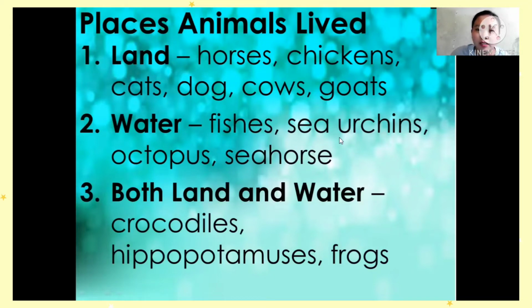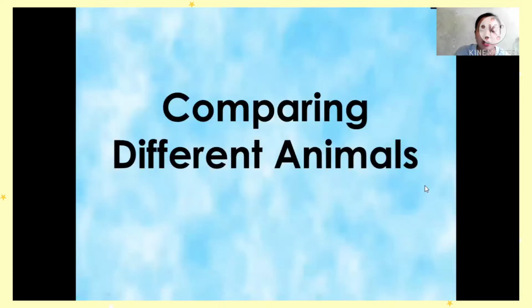What about in the water? We have the fishes, the sea urchins, the octopus, and the seahorse. All right? And for those who live both on land and water, we have the crocodiles, the hippopotamus, and also the frogs.